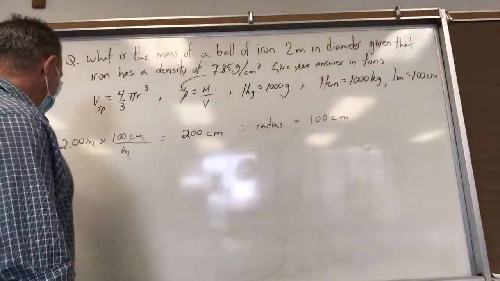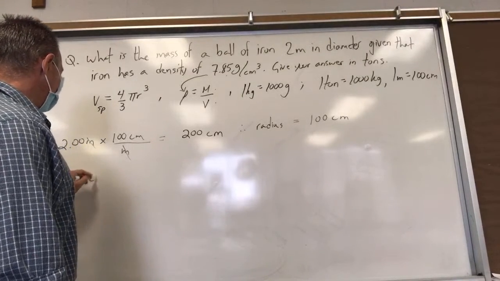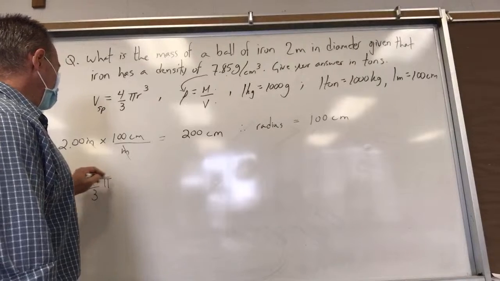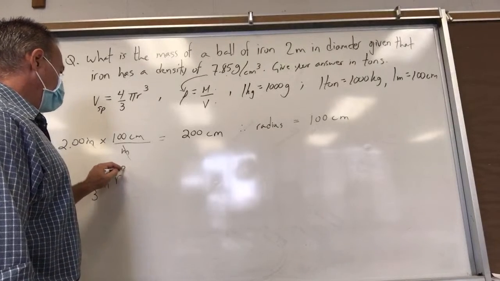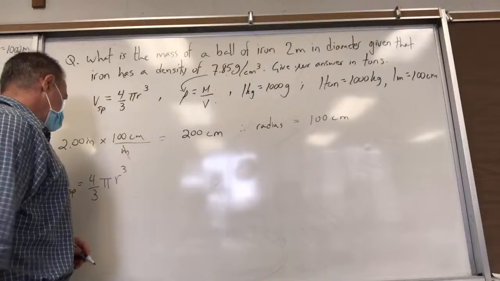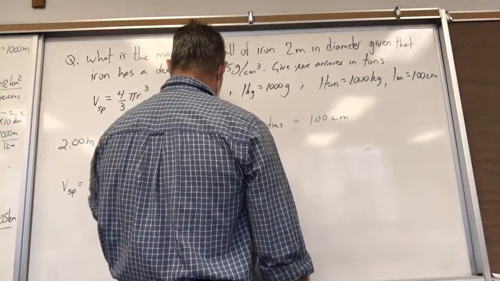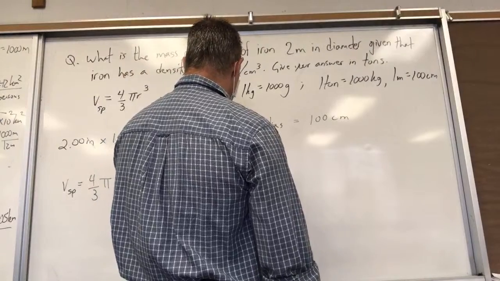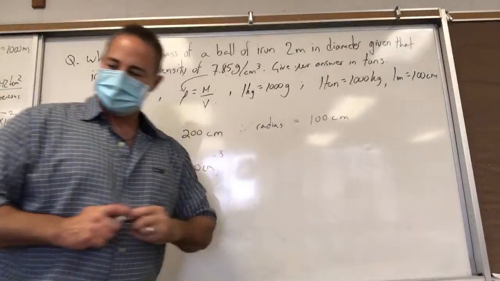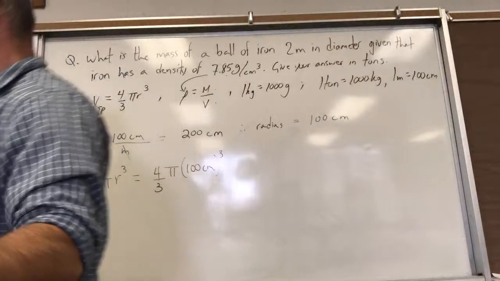The volume of a sphere is equal to 4/3 pi r cubed, where r is the radius, in this case 100 centimeters. So we'll plug that in. 4/3 pi times 100 centimeters raised to the power of 3. You're going to do that with a calculator.